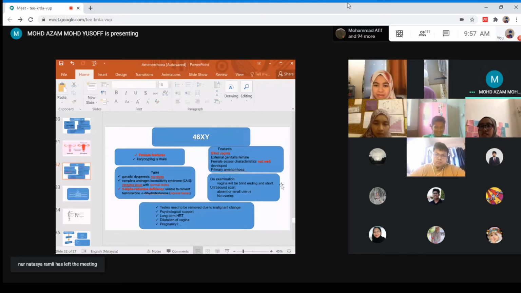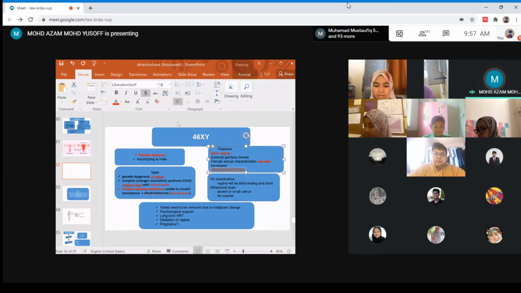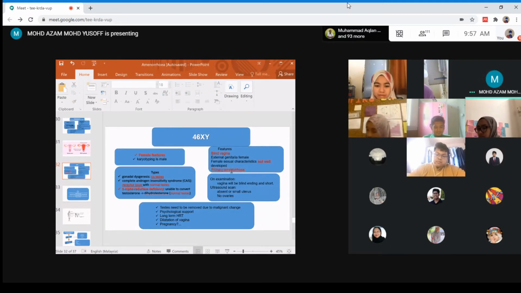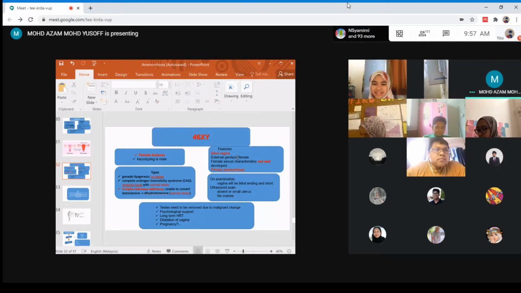And they have primary amenorrhea. Of course they have primary amenorrhea because they are not ladies, isn't it? They cannot have menses. Karyotyping, genetically, they are not ladies.